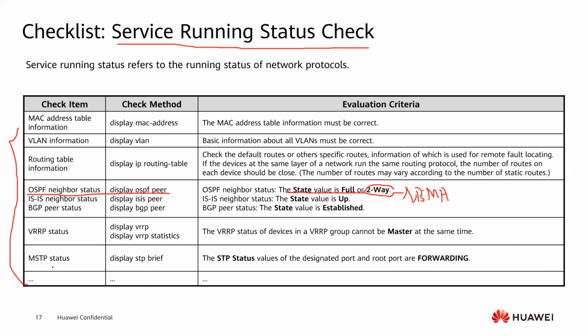You can also check MSTP. We use the command display stp brief. The STP status value of the designated port and the root port are forwarding, so it must match the data plane. For VRRP, we use display vrrp, and we see the device that is designed to be in the master state.